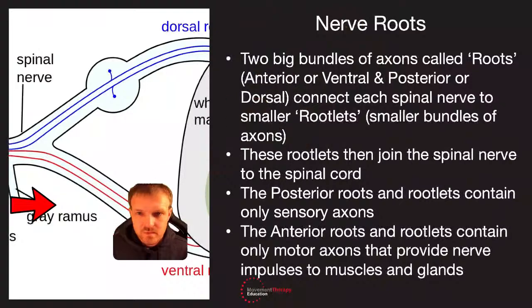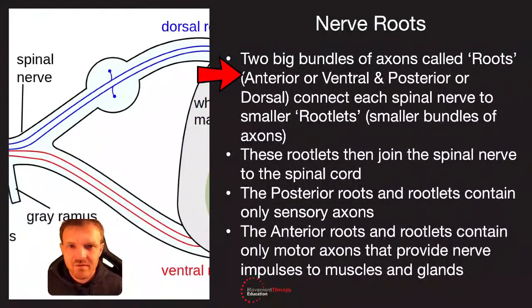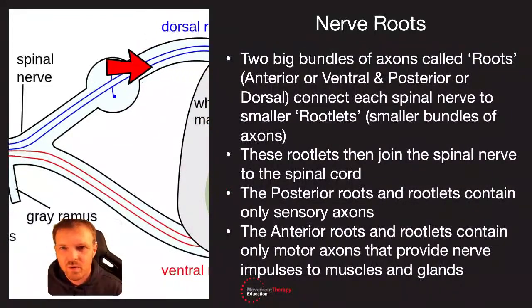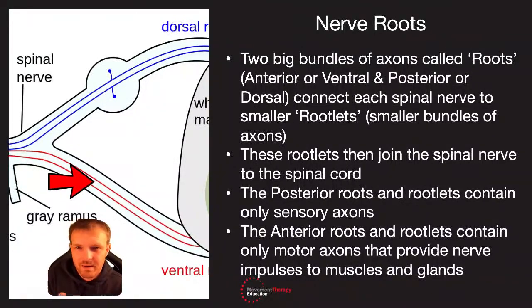Okay, so what have we got? We have 2 big bundles of axons, which are called roots. You can't see the image very well, but the spinal cord will be here. This will be the dorsal root, the one at the back, and this is the ventral root, the one at the front. I've got a better picture in a minute.